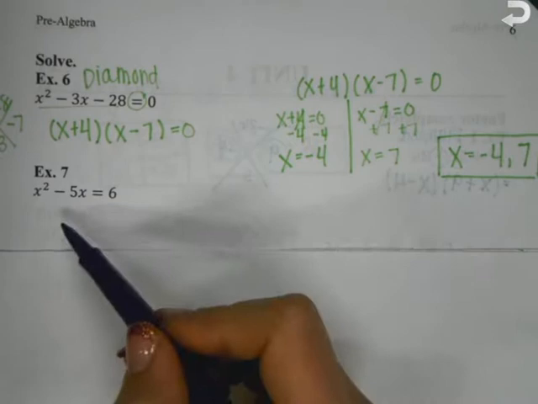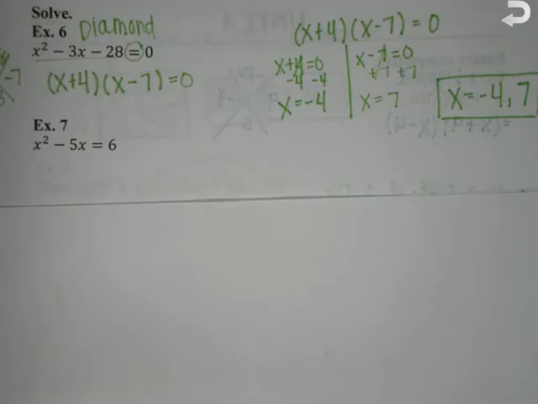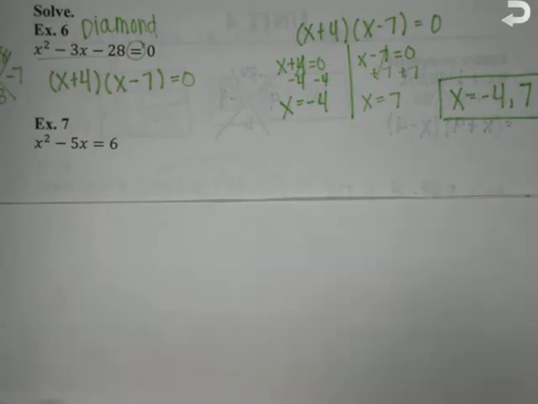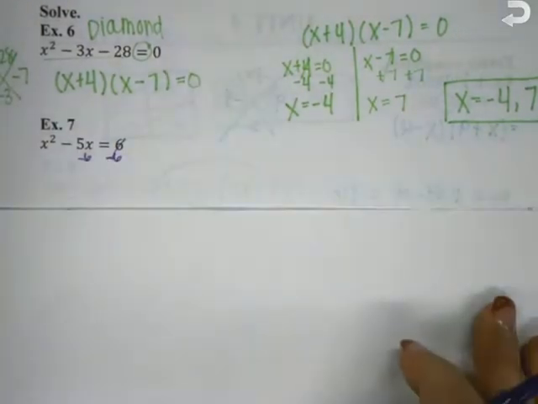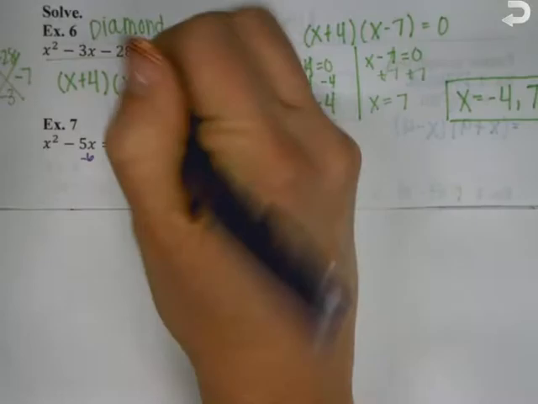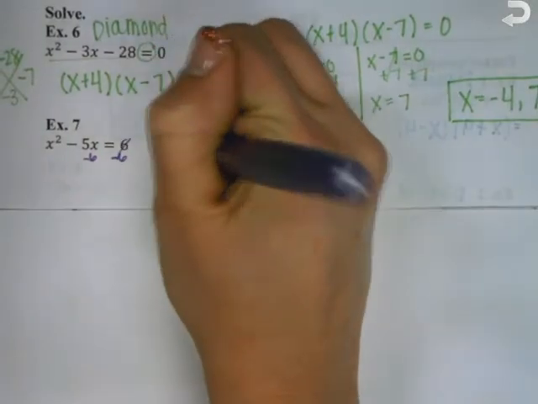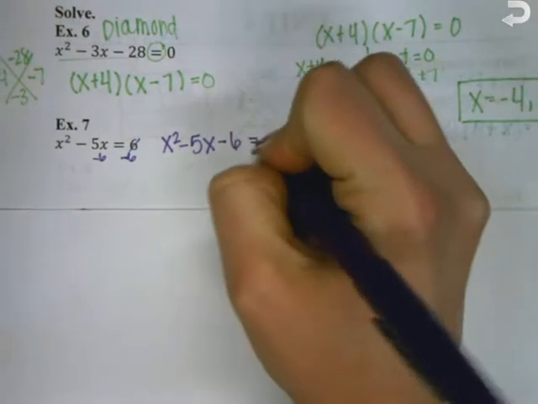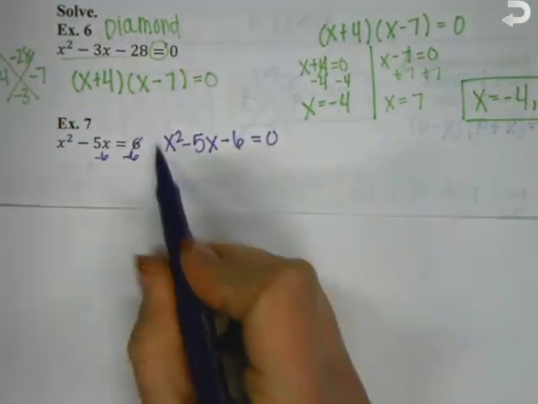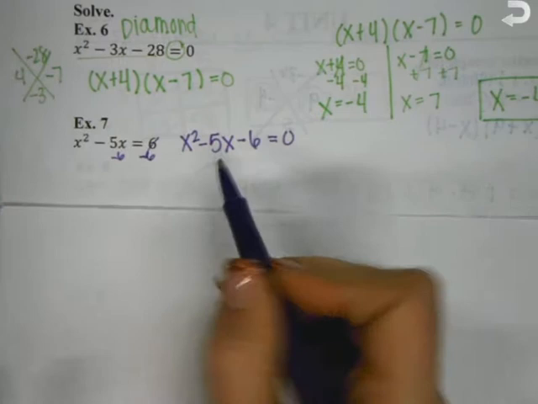So what does that make my problem? x squared minus 5x minus 6 equals 0. What method will I use to factor this? Diamond. So I'm looking for two numbers that multiply to negative 6 and add up to negative 5. Negative 6 and positive 1.